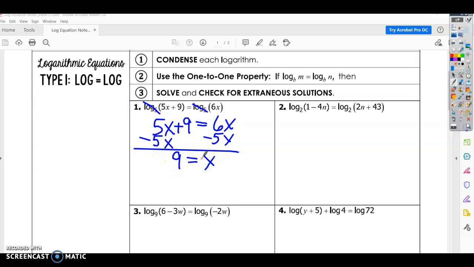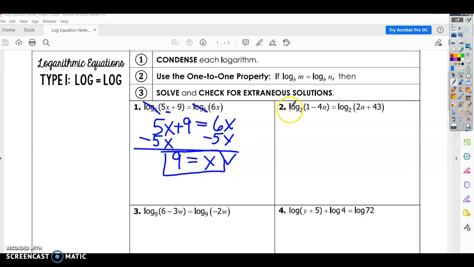This one's a very simple one-step equation, so it's no big deal. All right, plug it back in and check it. If I plug 9 in for my x, 5 times 9 is 45, plus 9 is 54. If I take 9 and plug it in over here, 6 times 9 is 54, so this one works.